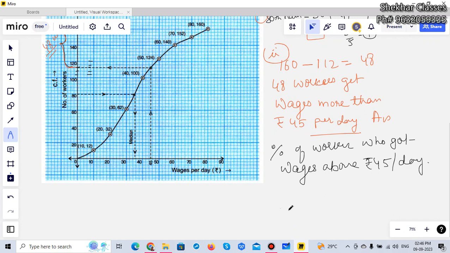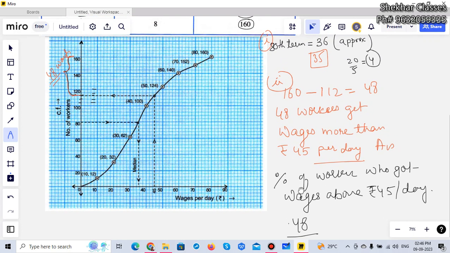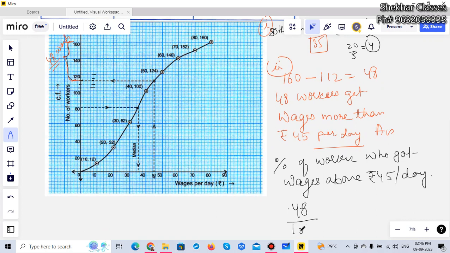That will be equal to the number of workers, which is 48, compared with the total number of workers, which is 160, into 100. If we do that, you will get it.